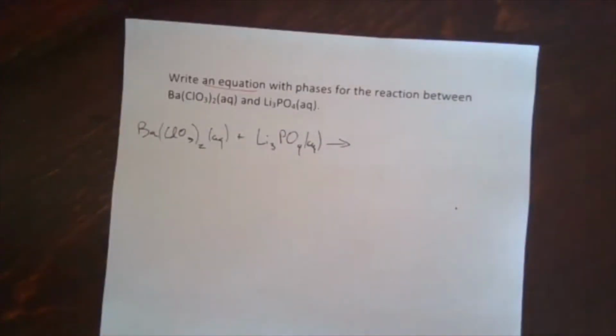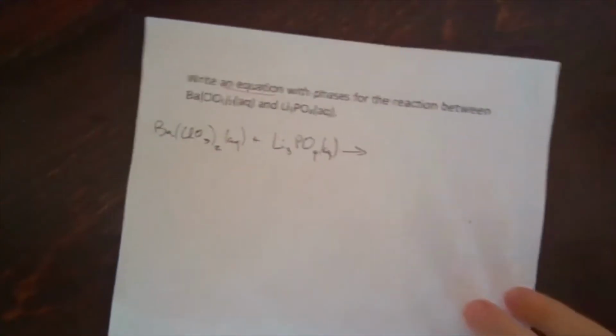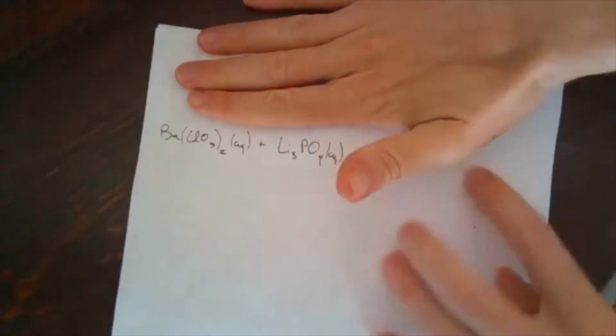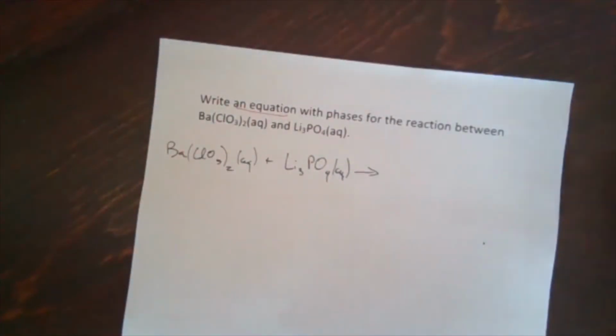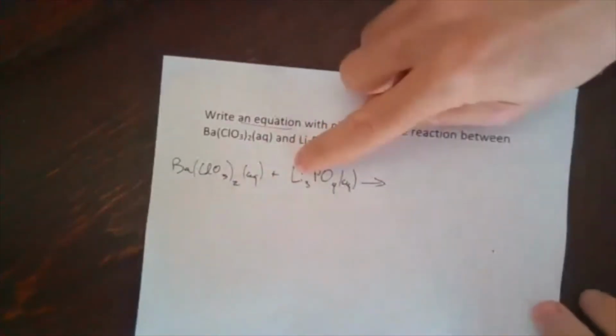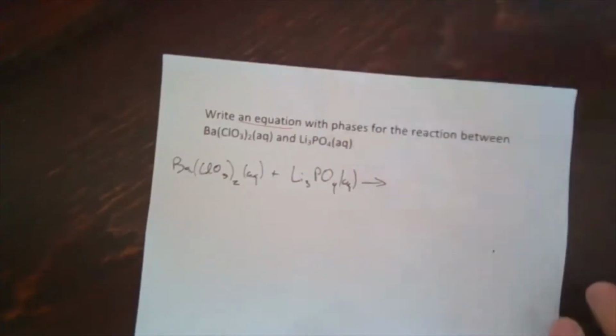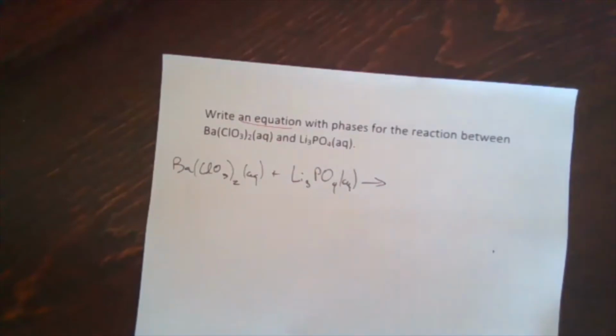Okay, so we've already talked about this, but if we were just shown this and we want the products, what we want to key in on is that this is ionic. Because they are both ionic compounds, the reactivity pattern is going to be double displacement.